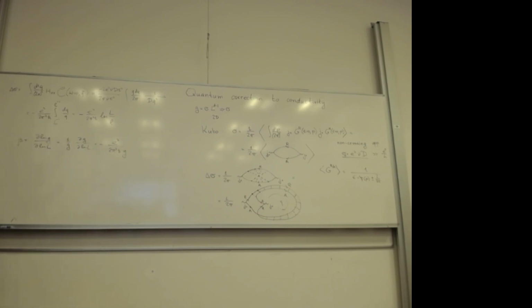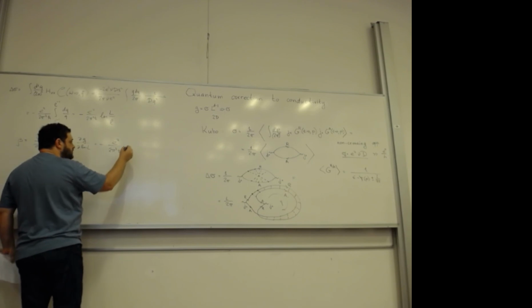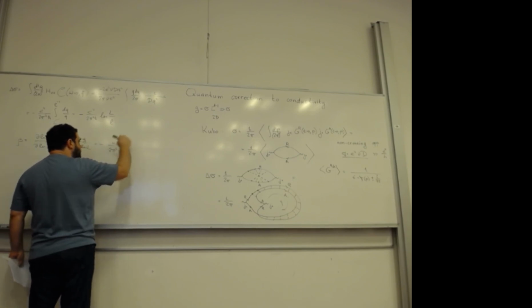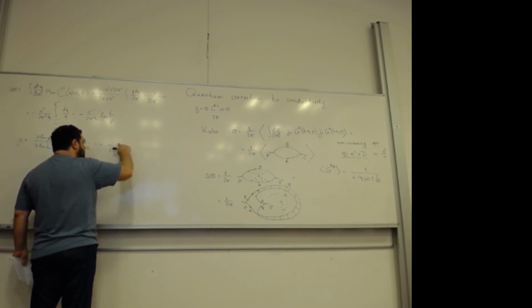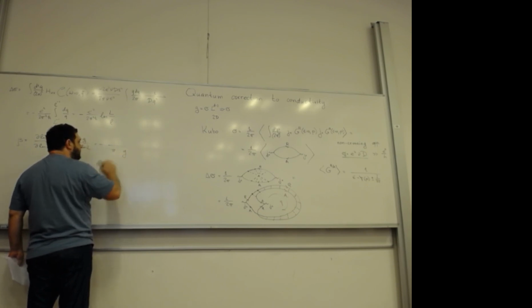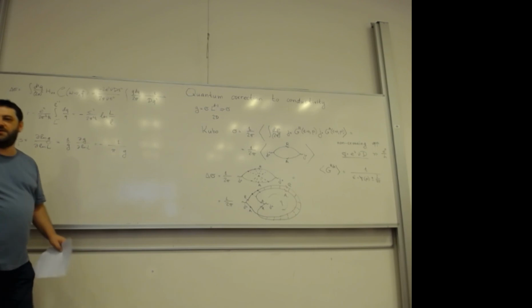And now I remind you that g actually was measured in units of e squared over h, so I should cancel out e squared, and 2 pi, h and 2 pi. So it's just pi. It's 1 over h.